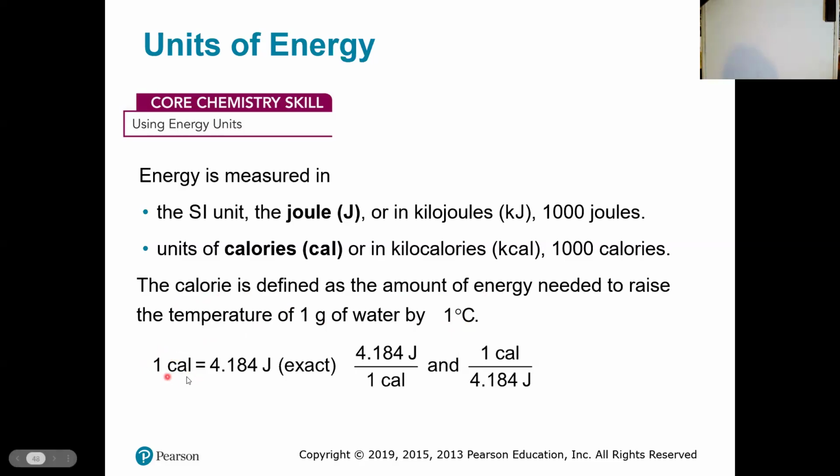And if we want to relate the unit of calorie to the unit of joules, this is an equality that relates those two things. Every 1 calorie is equal to 4.184 joules, and that's an exact conversion. From this equality, we can create 2 conversion factors that allow us to convert between calories and joules or between kilocalories and kilojoules.